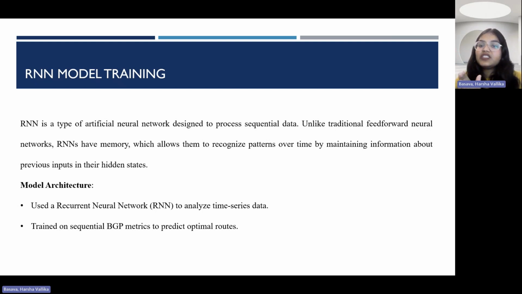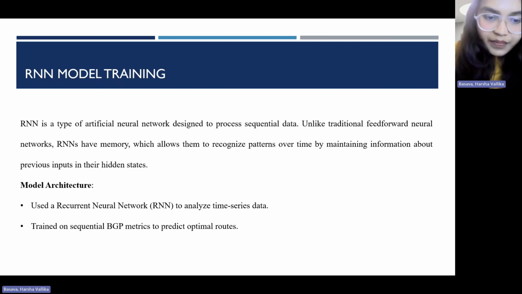So it sequentially remembers whatever happens. The output of your first input is stored in the model, and it is trained on it again. This is how it happens. It recognizes patterns over time by maintaining the information of the previous inputs and outputs. And the model architecture for our project is, as I mentioned, RNN.